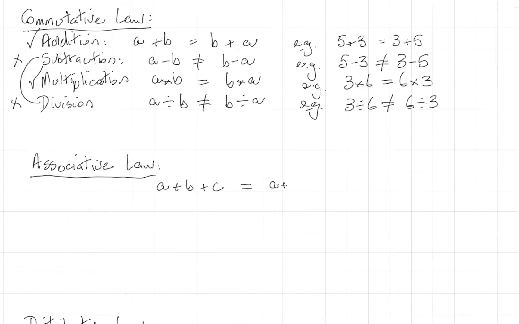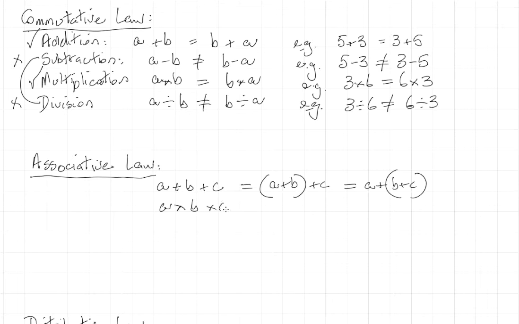So that's equal to A plus B, plus C. Once again, we do the brackets first. It's also equal to A plus C, plus B. You can add the first one and the last one, and then add B at the end.